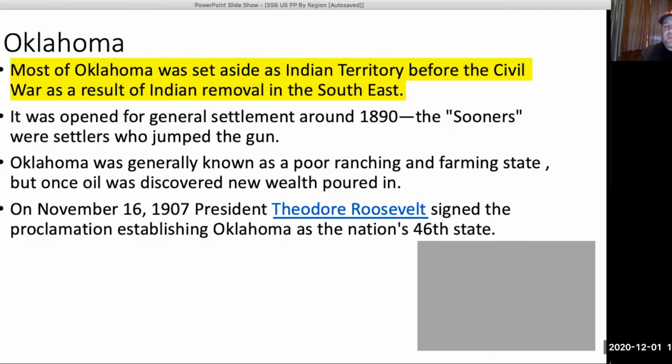Part of the reason for that is because of the smaller population of people that lived there. Also, it was known as an Indian territory. Okay, by claiming this as an actual state, at that point, they had moved most of those Indians into reservations, smaller plots of land that were reserved just for Native Americans. Okay.